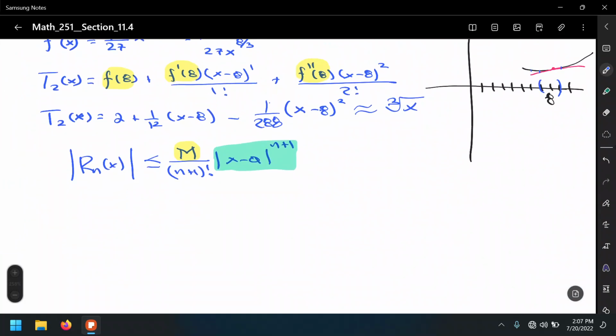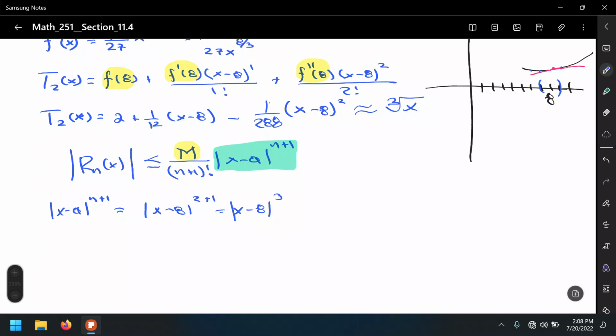And so you need to think of these two expressions right here. Number 1, the absolute value of x minus a to the n plus 1. In this case, n is 2, because we're using the second degree approximation, and the center a is at 8, so absolute value of x minus 8 to the 2 plus 1, that is, the absolute value of x minus 8 to the third power.